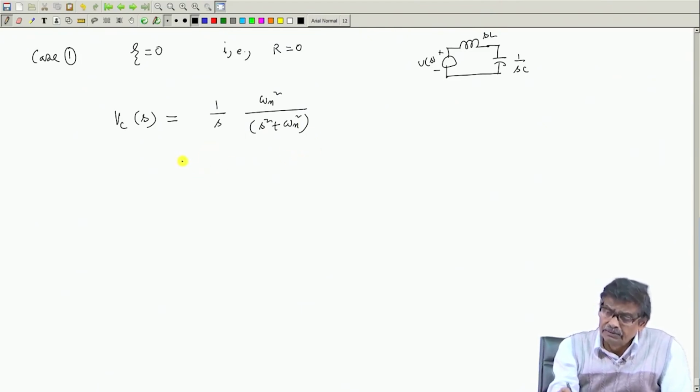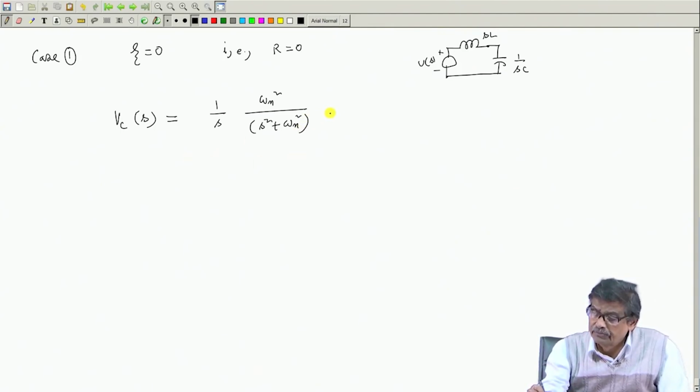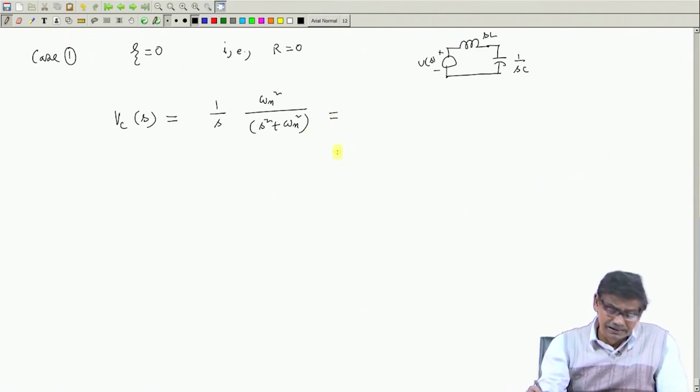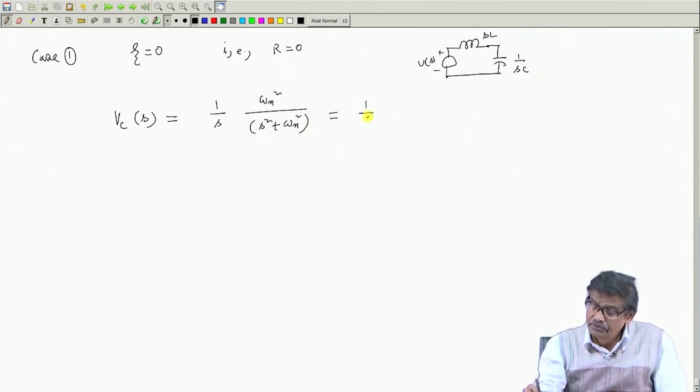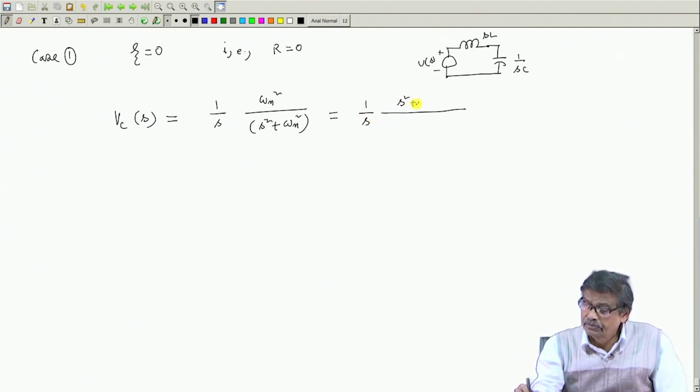The easiest way for this particular case is, I can do partial fractions, but mentally it can be easily done. What you do is, this 1 by S, and then you add 1 S square and subtract another S square, and this is S square plus omega n square.